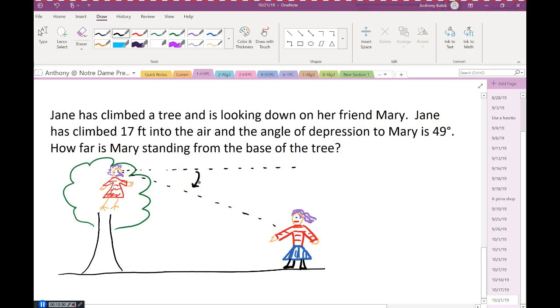We don't need to worry about that in this situation because Mary's not the one that's doing the viewing. She just has to stand there and look pretty with her purple hair and striped shirt.